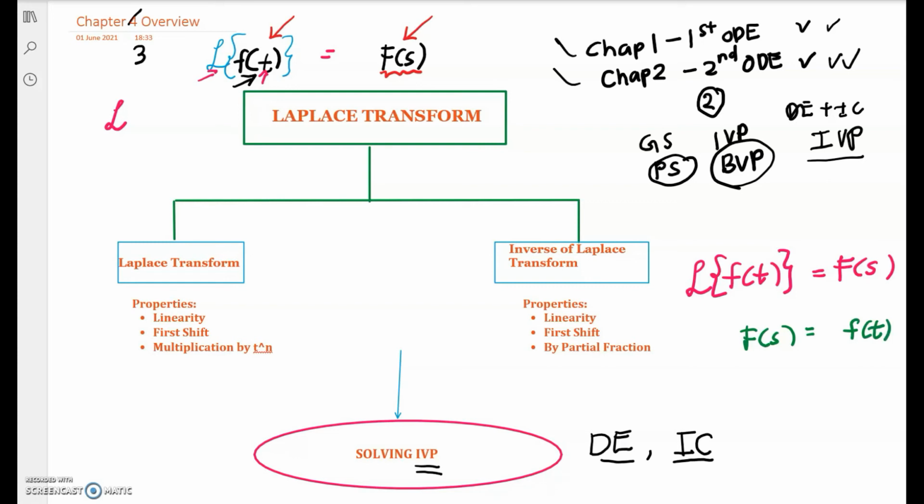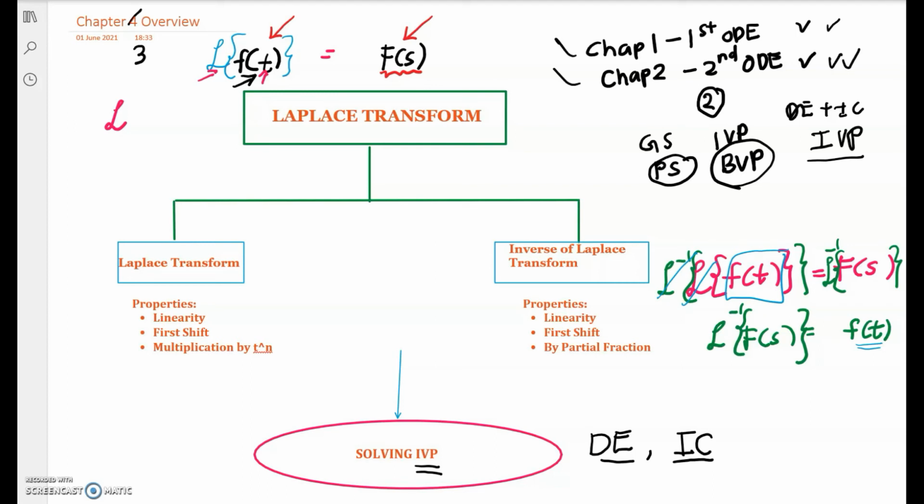What you need to do is take the Laplace inverse of both sides of your function. Taking the Laplace inverse of F(s), the Laplace inverse and the Laplace cancel, so what's left is just f(t).